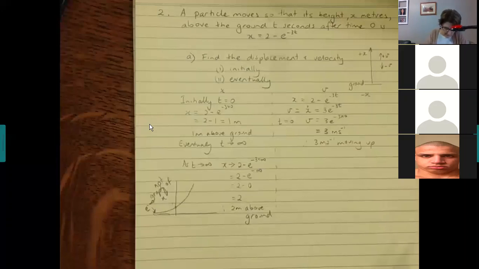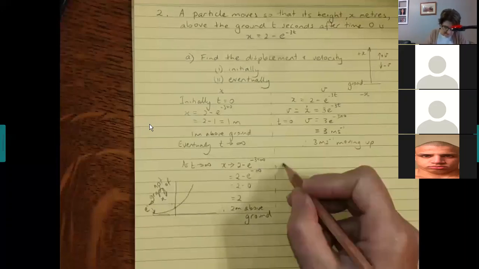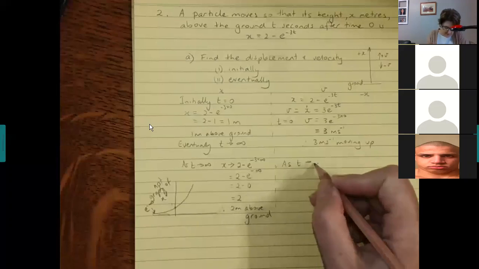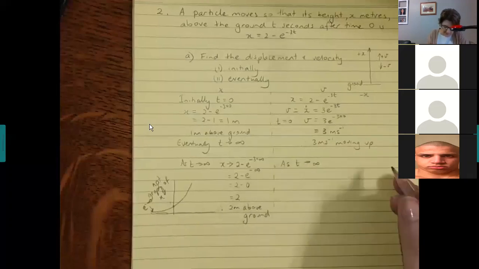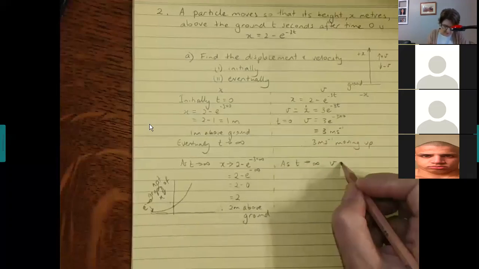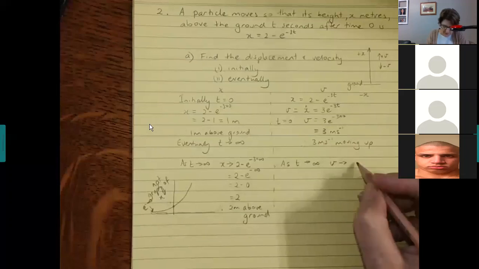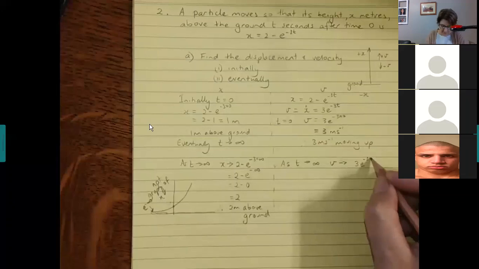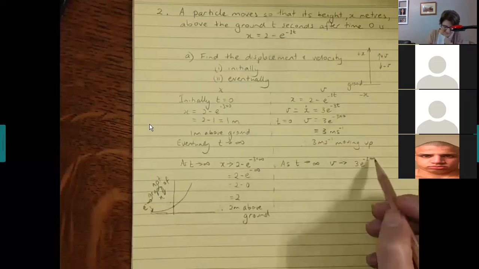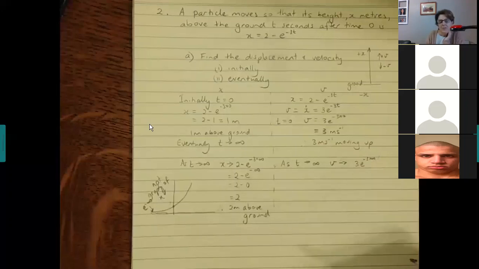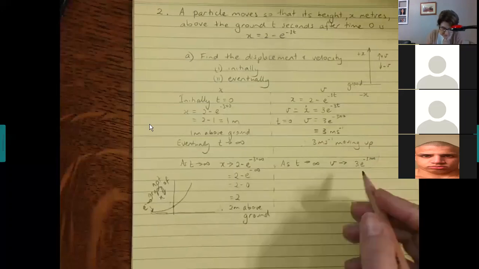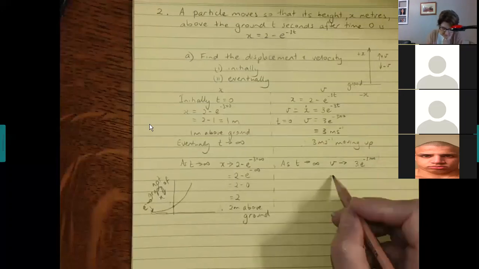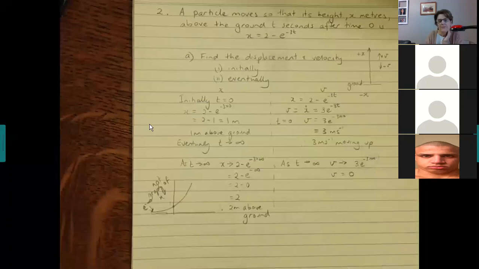Okay, so now if we look at as t approaches infinity, then our velocity is going to approach 3e to the -3 times infinity. So again, e to the negative infinity is approaching what? 0. So therefore 3 times 0 is 0.